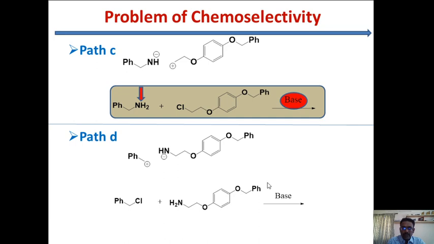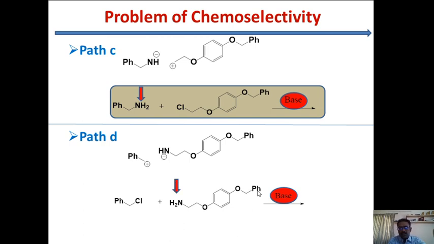Now if you treat these two in presence of base, here also you have only one functional group where you have the acidic proton. So you can easily generate the anion, and it can react with this one. It will also give the expected target molecule.